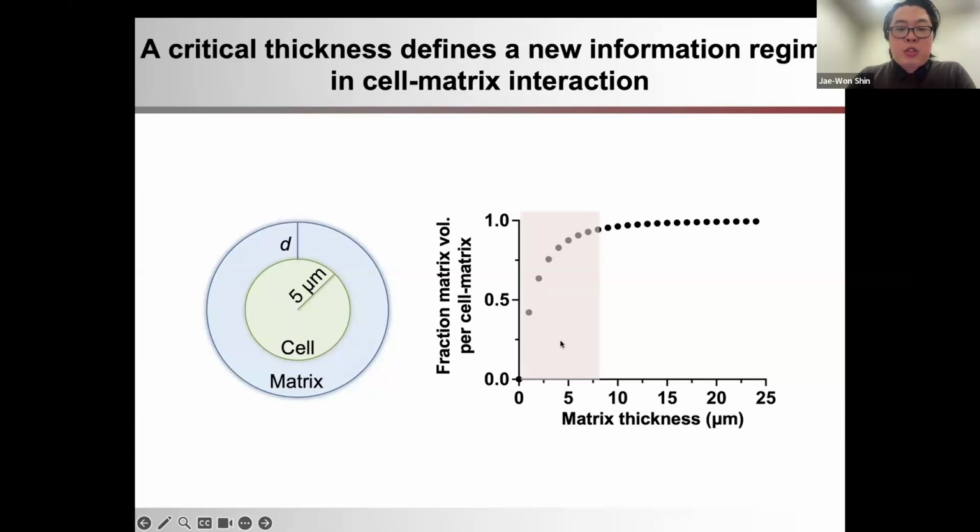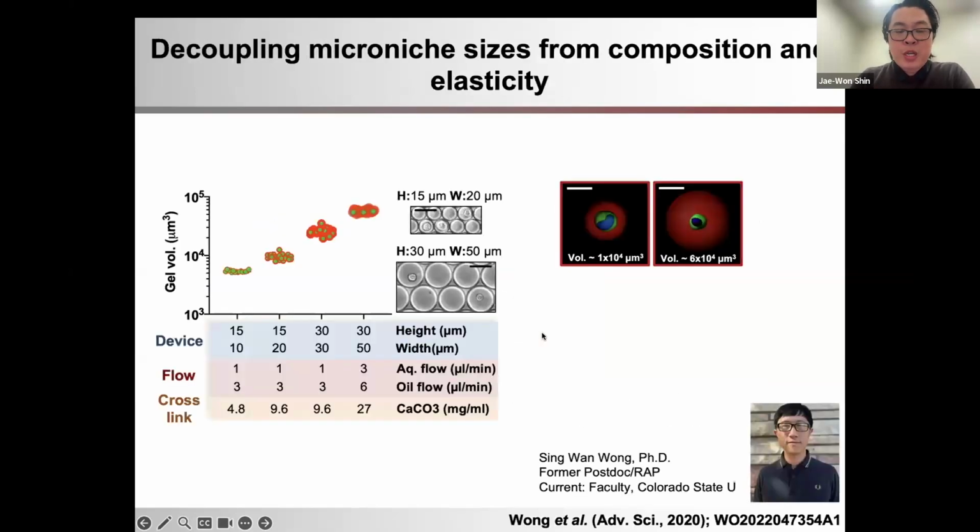So the ability to control the amount of matrix around individual cells at this scale allows us to really study cellular behavior and its impact. In order to vary the amount of hydrogel around individual cells, we basically varied the device flow parameters as well as the cross-linking.